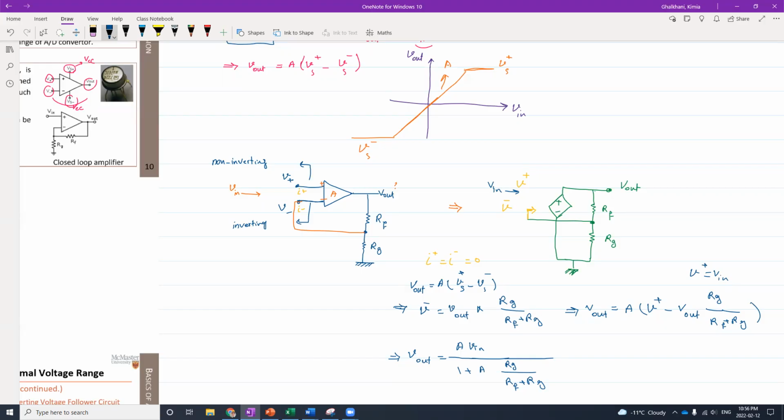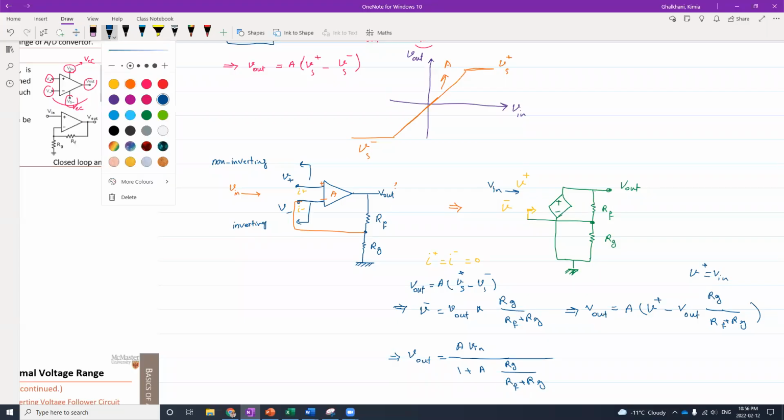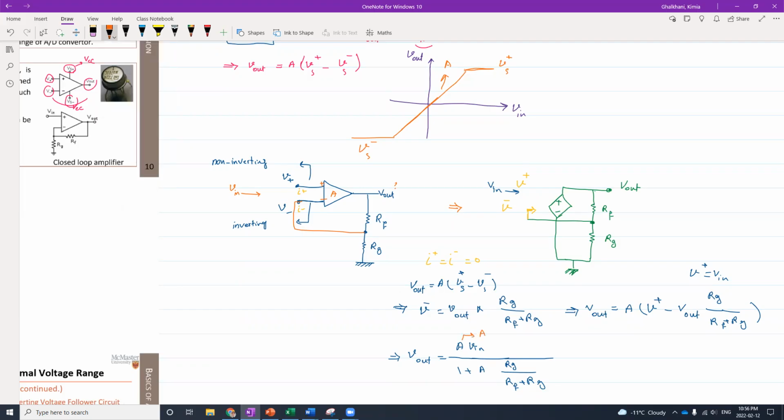That's why I rearranged the equation like this. So from here, I have V out equal to A times this term. And then if I substitute that one, this is how I can rearrange the equation. And if A is a large value, let's say A goes to infinity, what will happen?